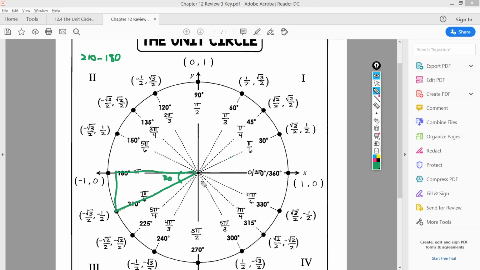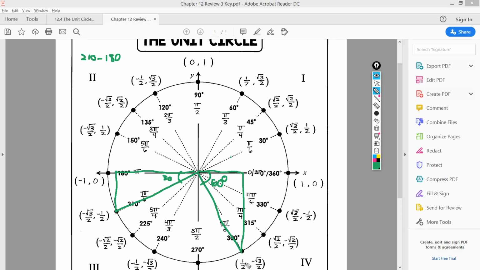Okay. What if I have 300? Okay. Well, here's 300. And if I come back up here, how many degrees away am I from the x-axis? Well, that's at 360. So 300 to 360, this is a 60-degree angle.